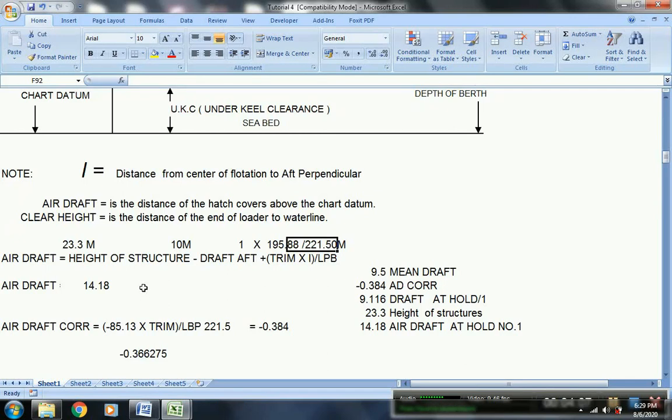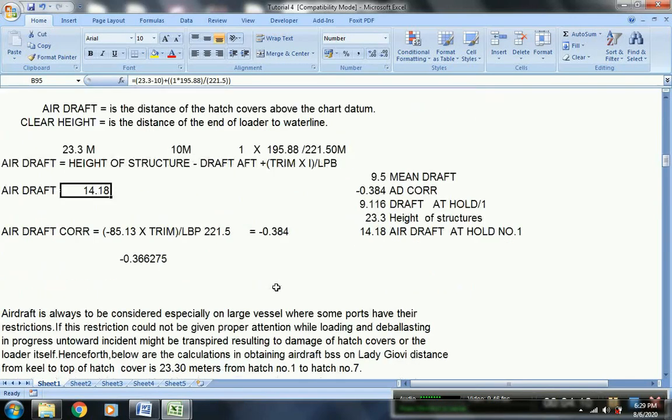Therefore, if we apply the formula for the airdraft, we will calculate this way.